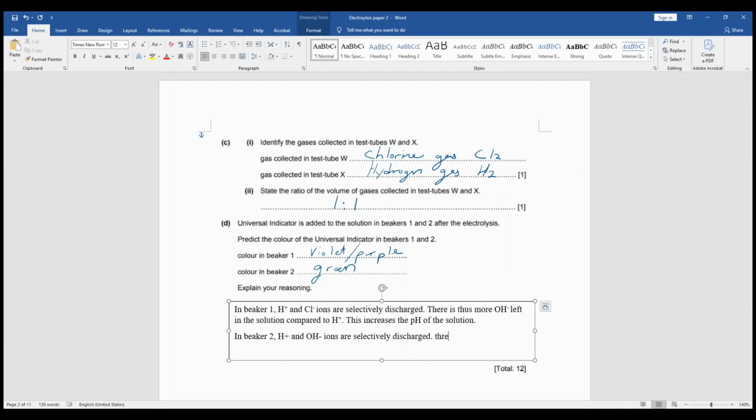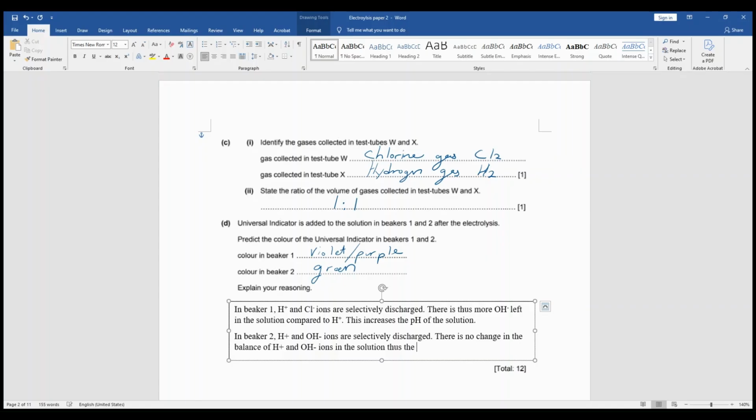There is no change in the balance of H plus and OH minus ions in the solution.